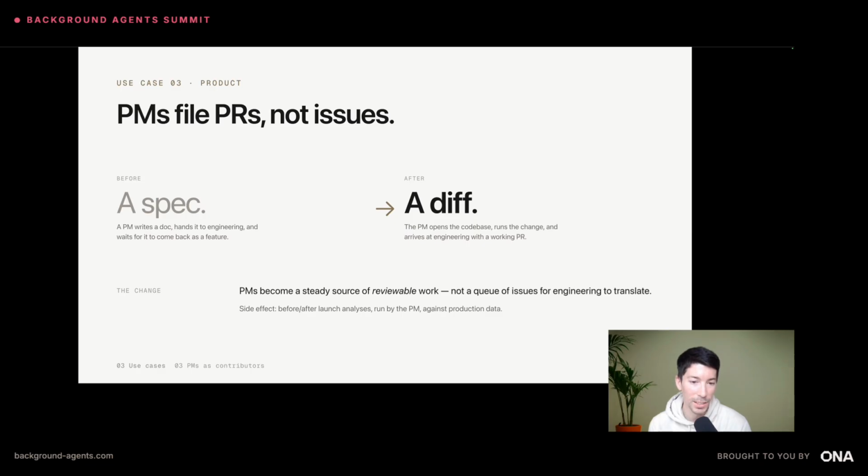We're starting to see that change with background agent systems because we've removed a lot of the friction of setting up the environment and the coding agents are able to deliver high quality pull requests. The PM no longer needs to wait to have their code changes. They're able to directly prompt the background agent and have a pull request created for this. Engineering is still in the loop here. They're still signing off on the pull requests, but the time to that resolution has drastically reduced.